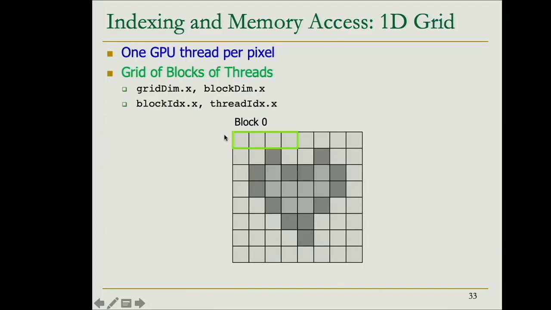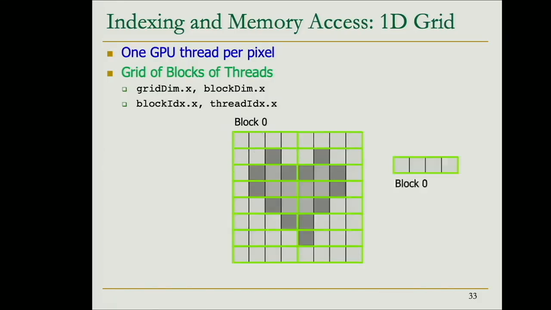So, for example, one way of distributing this whole image among blocks and threads is by assigning consecutive chunks of pixels to consecutive thread blocks. For example, we can assign these 4 pixels to block 0. Of course, this is a toy example. We will typically have much bigger images and much bigger blocks, but in this case, we consider that each of the blocks is composed of 4 threads.